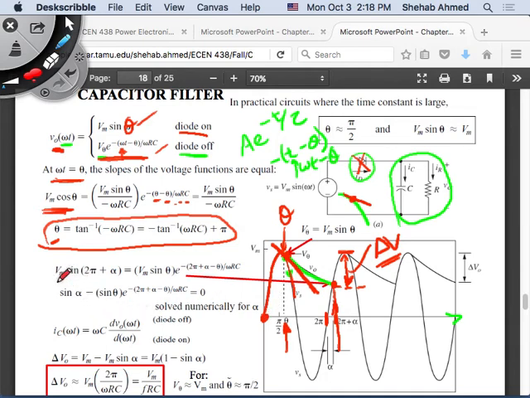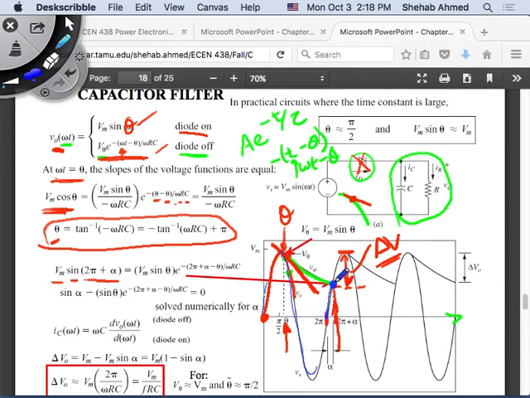So my input sine wave is Vmax sine omega t, or sine theta, right? Vmax sine 2 pi plus alpha is where? It is this point here, right? This is Vmax sine omega t, all the way until 2 pi plus alpha.